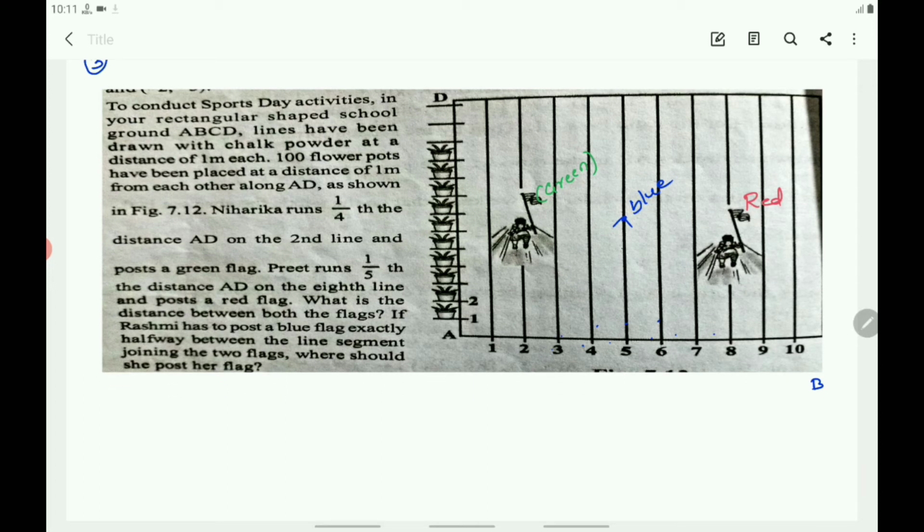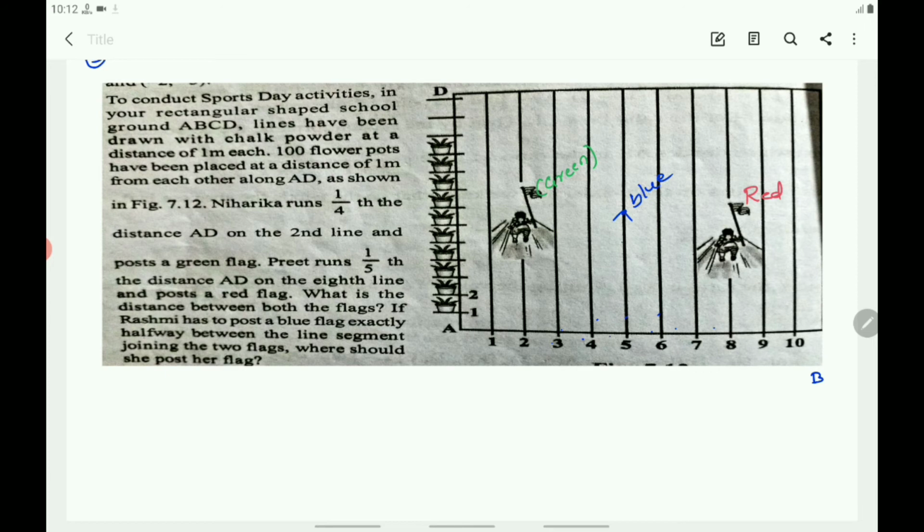Niharika runs 1 by 4th the distance AD on the second line and posts a green flag. Preet runs 1 by 5 parts of the distance of AD on the 8th line and posts a red flag.